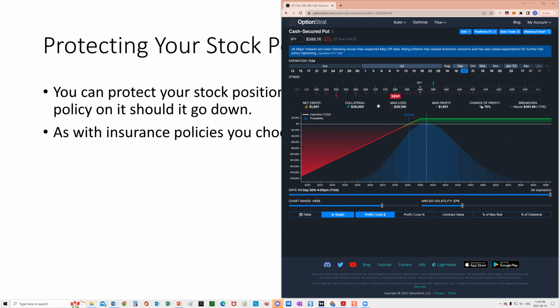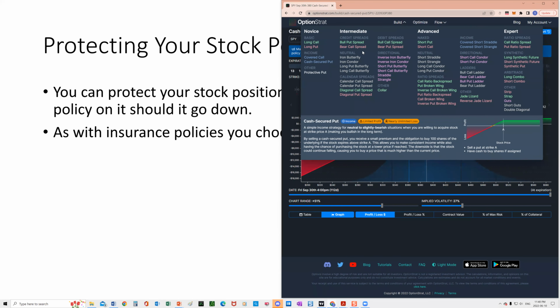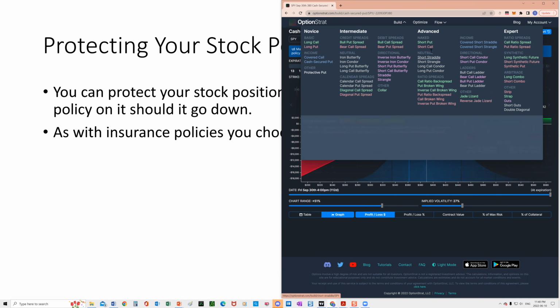And now you can protect your position. But you can actually do both. It's what's called a collar. So you can buy a put and you can sell a call to finance your insurance strategy. And let me just find it here.